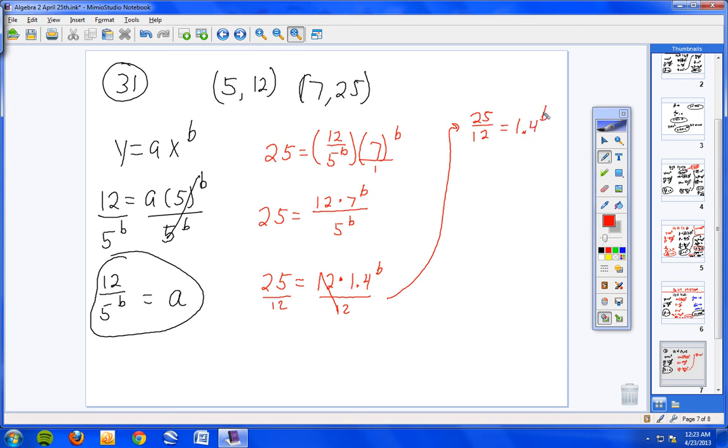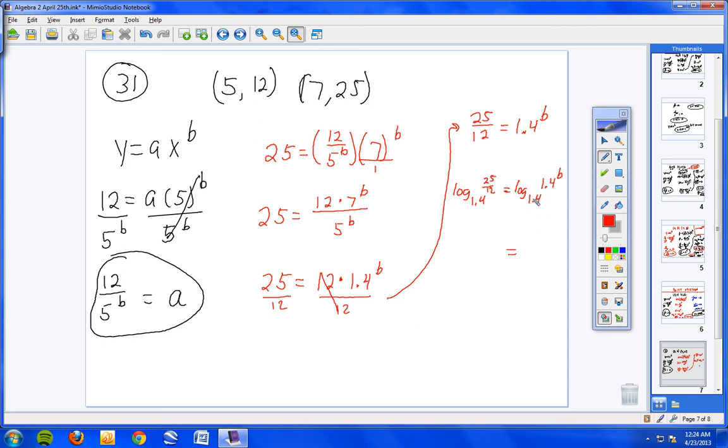Now if you're solving an exponential, your unknown is up here as an exponent. Remember, you take the log of both sides. So log with what base? Well, the base will be 1.4. Remember, whatever the base of your unknown is, that's the base of the logarithm you use. Then bring down this whole right side, 1.4 to the b power, and bring down this whole left side, 25 over 12.